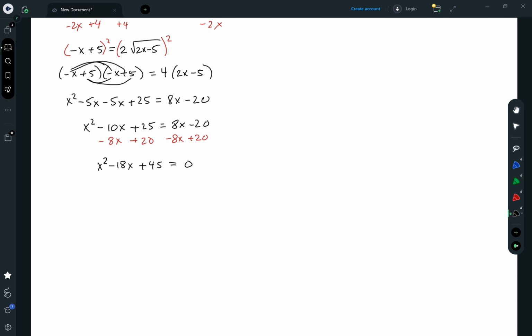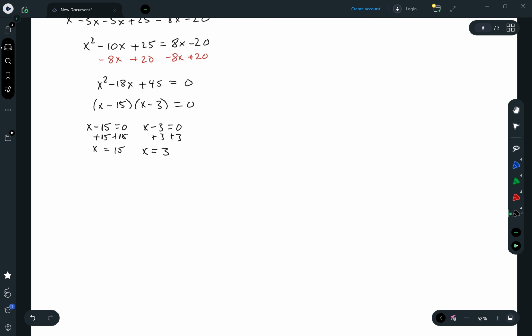This is again factorable. I can factor this to be x minus 15 and x minus 3. I will set both equal to 0 and solve by adding 15 to both sides and adding 3 to both sides. So again, I have two possible solutions, x equals 15 and x equals 3.